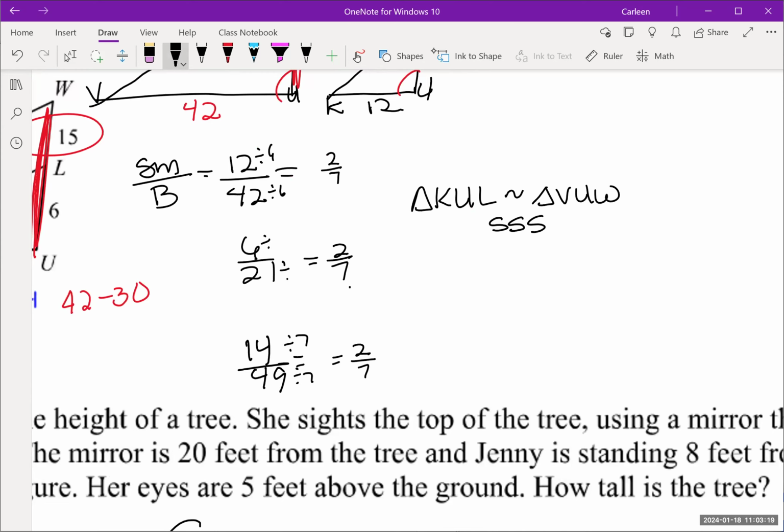We have 3 pairs of corresponding sides that all reduce down to the same scale factor. So yes, they are similar.